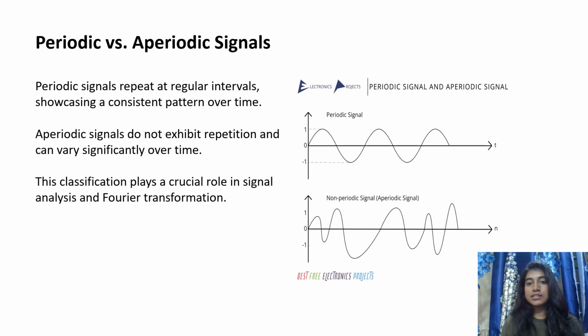Here we can see the periodic signal waveform as well as the non-periodic signal waveform. The periodic signal is at regular intervals and divided equally over the time period, while the non-periodic signal is completely different from the periodic signal.